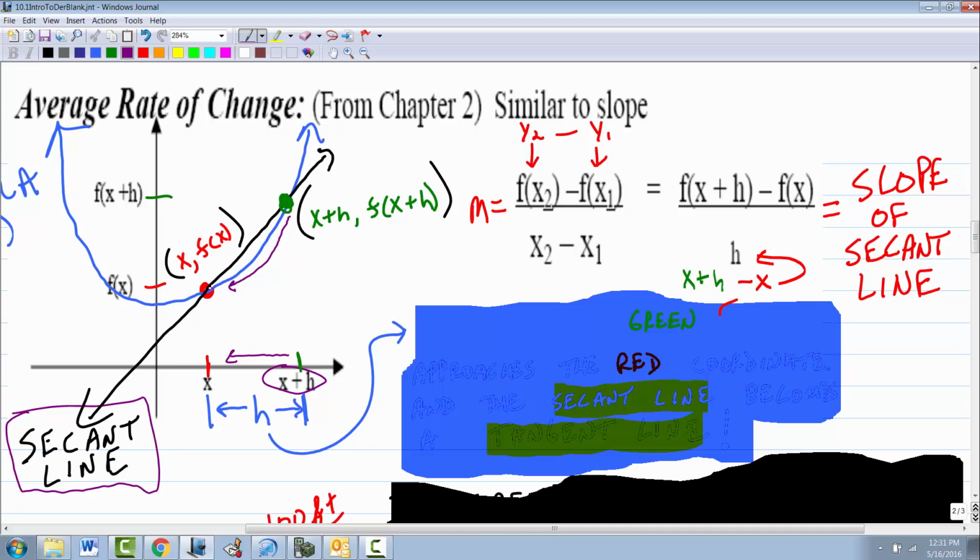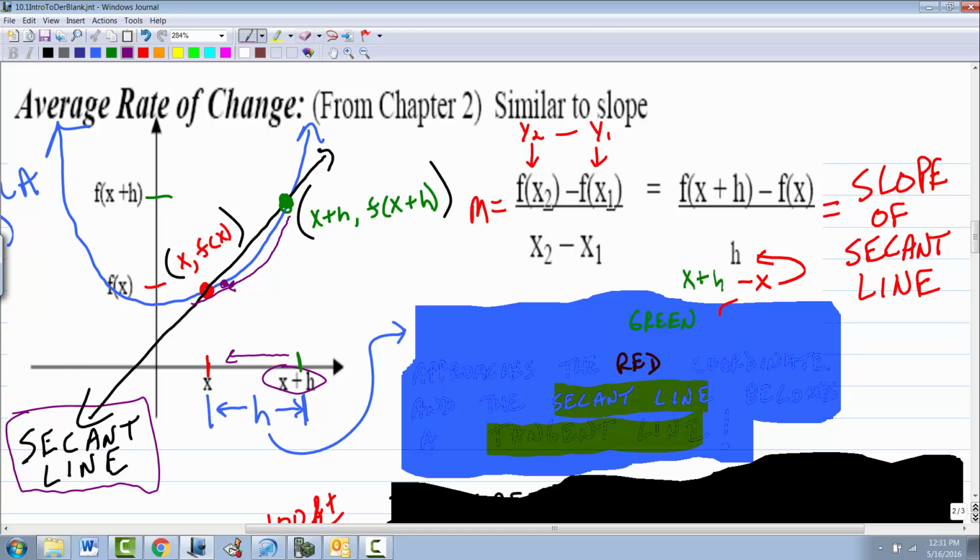Anyone know what the blank is? Tangent. So as I get closer and closer, dragging this green coordinate, this gets closer and closer to being the tangent line, right? Theoretically, what if I can make h's distance what number? Zero. If I can make that distance zero, then wouldn't it be a tangent line? And wouldn't those two coordinates be right on top of each other?